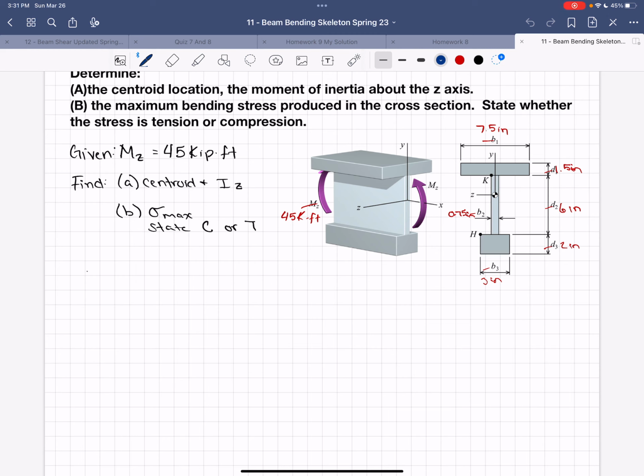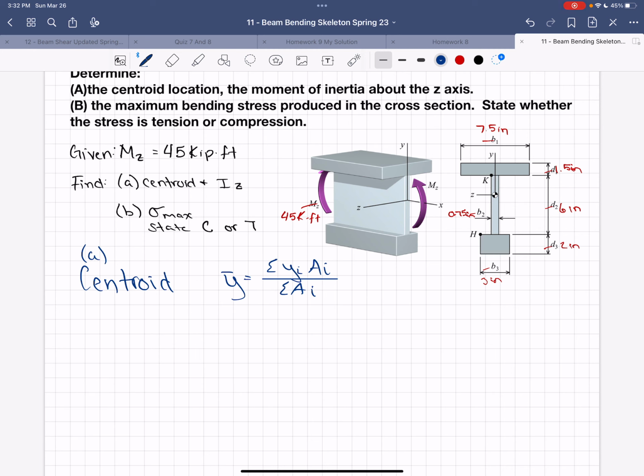So for the centroid, part A, we have y bar equals the sum of the yi's, so the centroids of the individual parts, times the area of each part, all over the sum of the areas of the different parts. So we're going to break this one up into 3 parts.